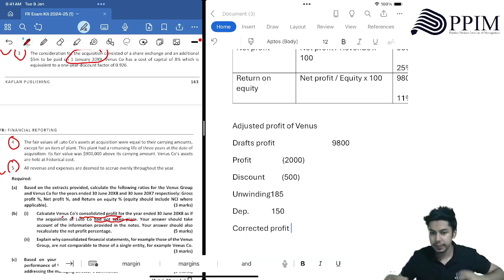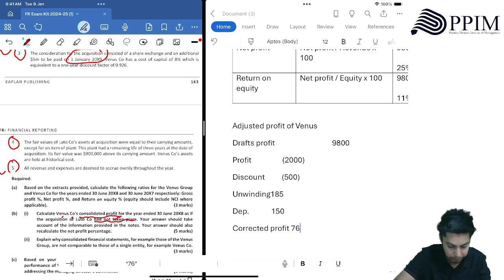So guys, please correct and see the profit. How much is it going to be in that case? 9,800 minus 2,000 minus 500 plus 185 plus 150. How much, guys? 7,635. Yes, 7,635 should be the answer.